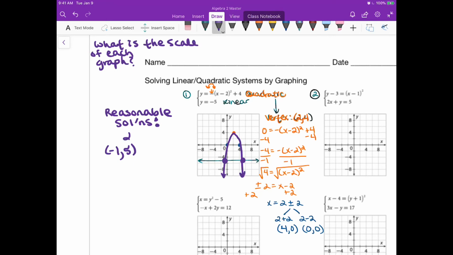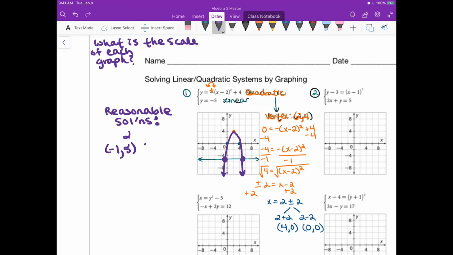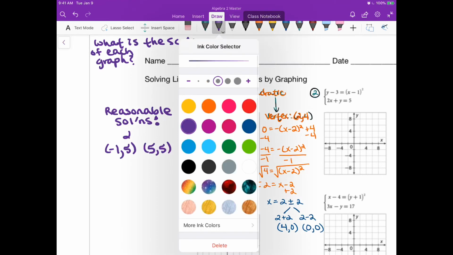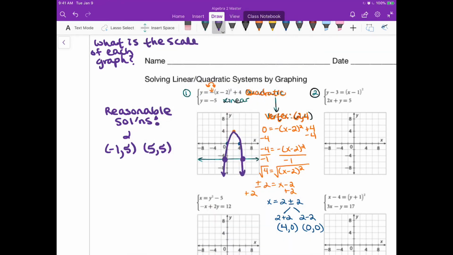But those reasonable solutions would be solutions to any system, right? And so solutions would be points of intersection.